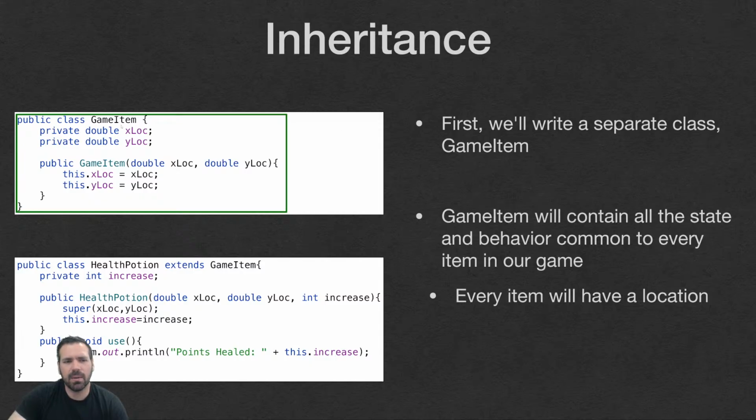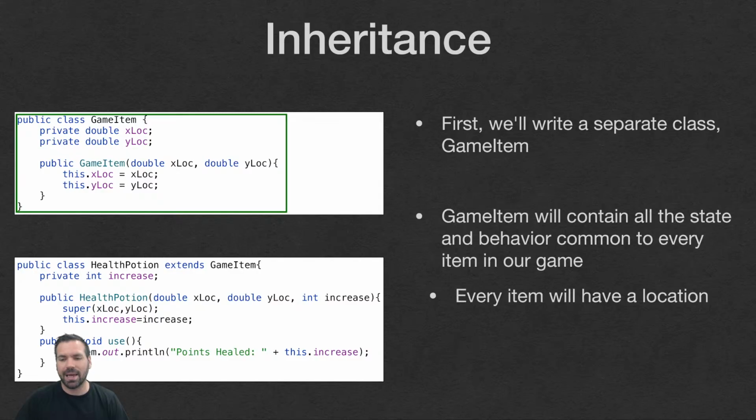So first we created a brand new class, this game item class. My goal is for the game item class to keep track of any state and behavior related to every game item in my game. If it's common across all game items, it should go in the game item class because that's what all game items do. In this example, I'm going to say that's location.